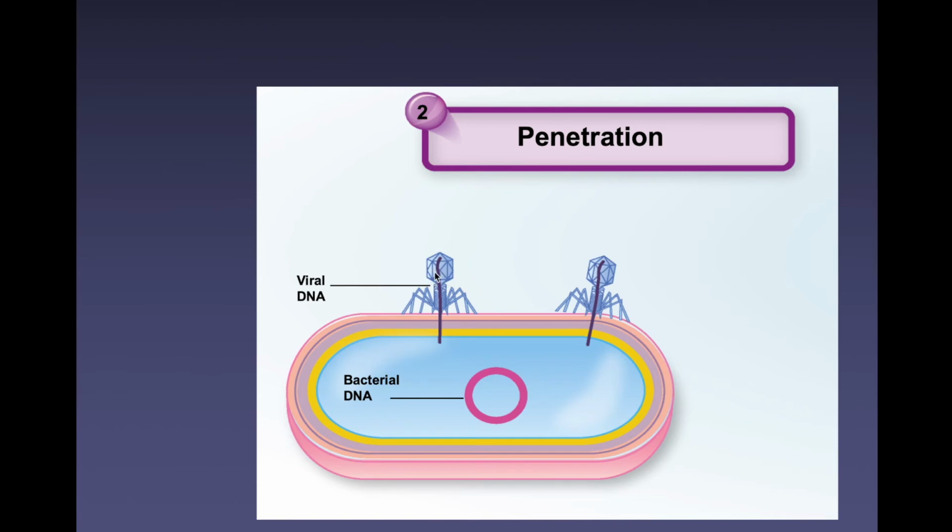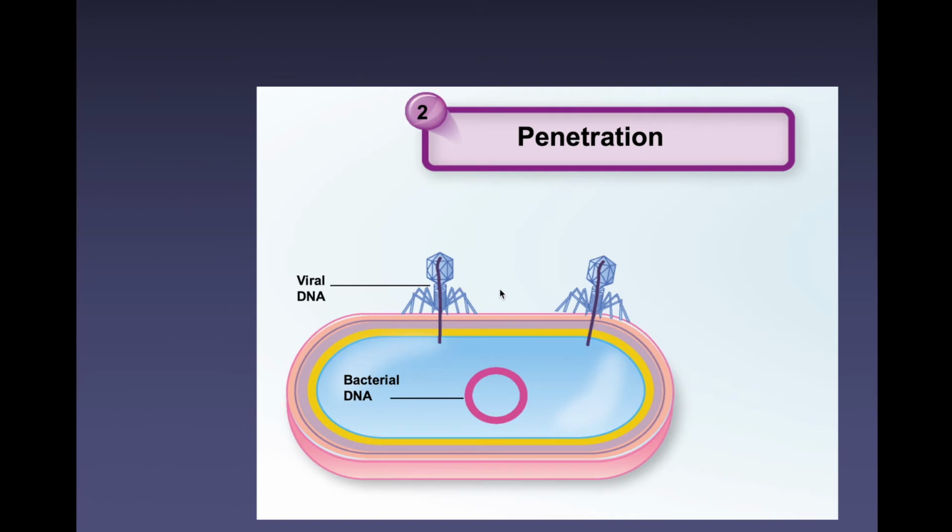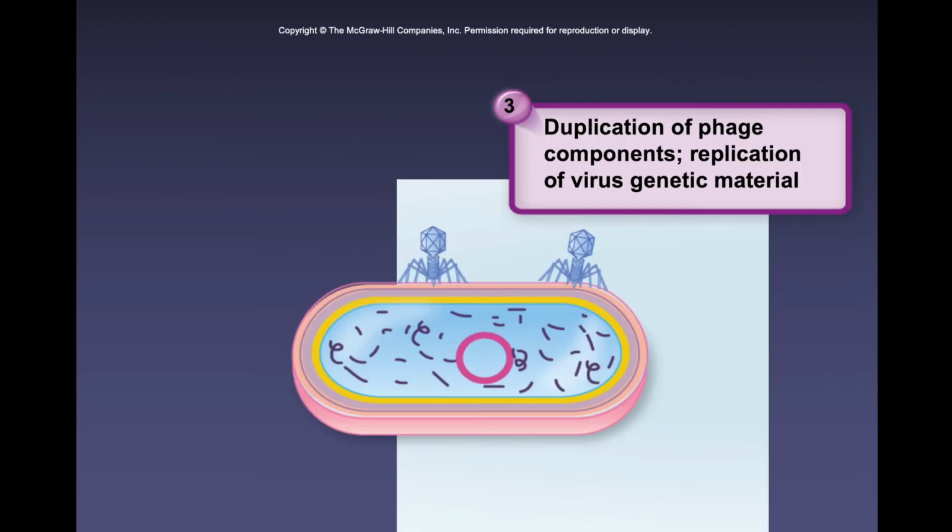In this case, since we're talking about lytic infections, this DNA is literally injected into the host cell. So for step 2, this would be penetration, where the phage DNA is injected into the host cell. And just note that that means that the bacteriophage structure is left outside the cell for bacterial infections.